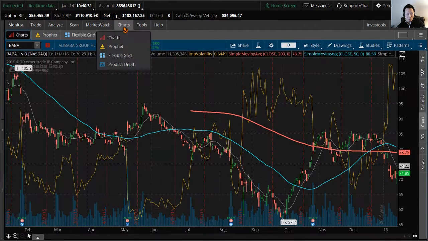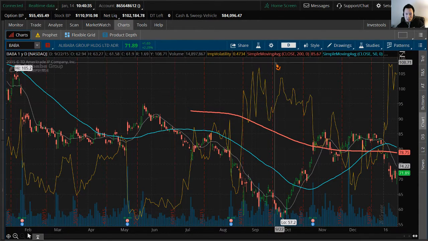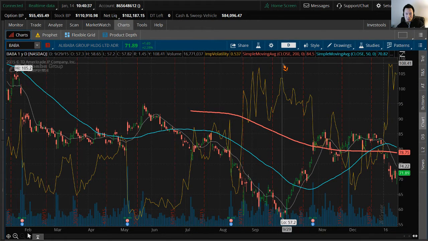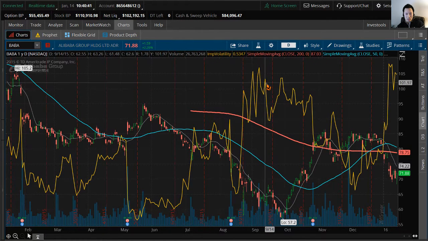So if I look at the chart here, the first thing I like to look at is the implied volatility. This yellow line on my chart represents implied volatility.